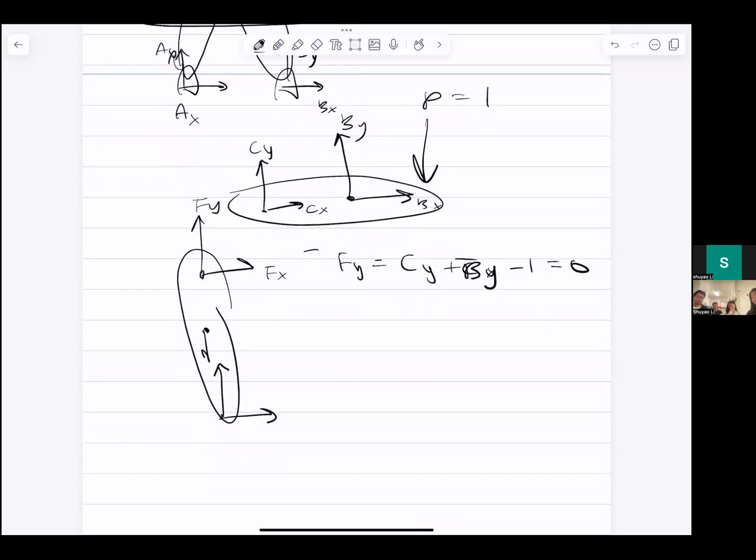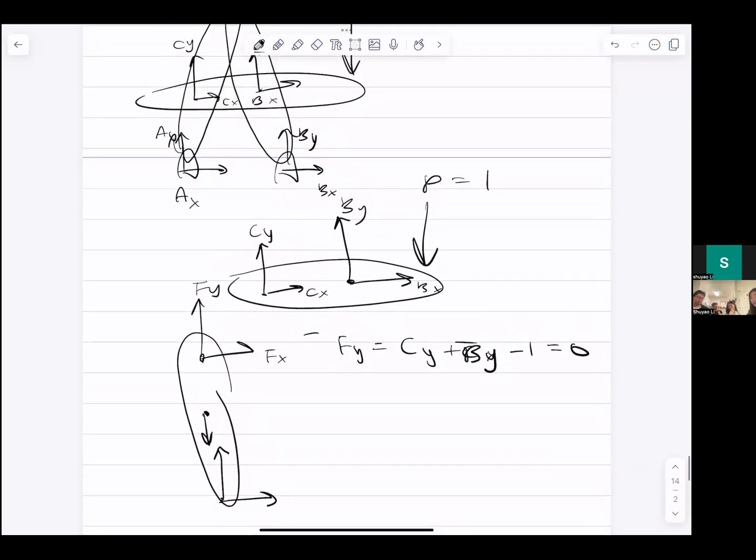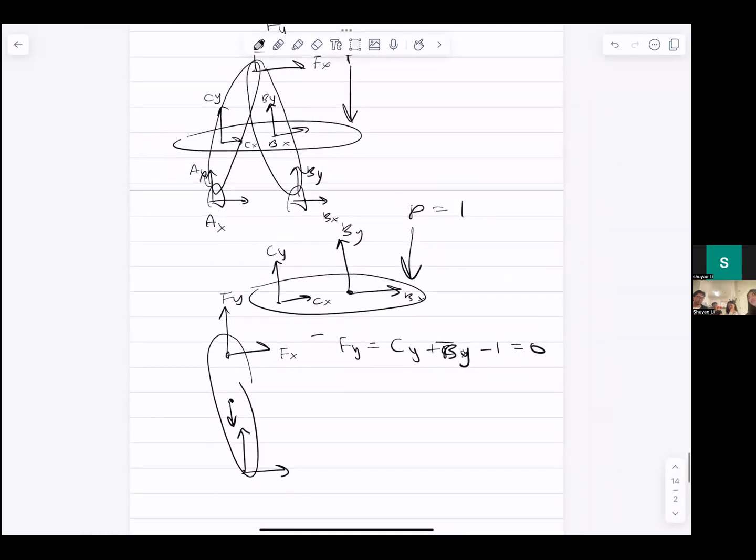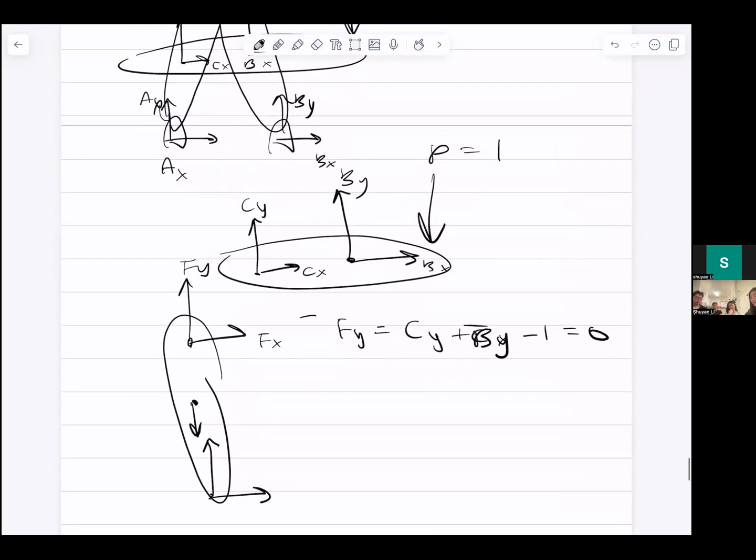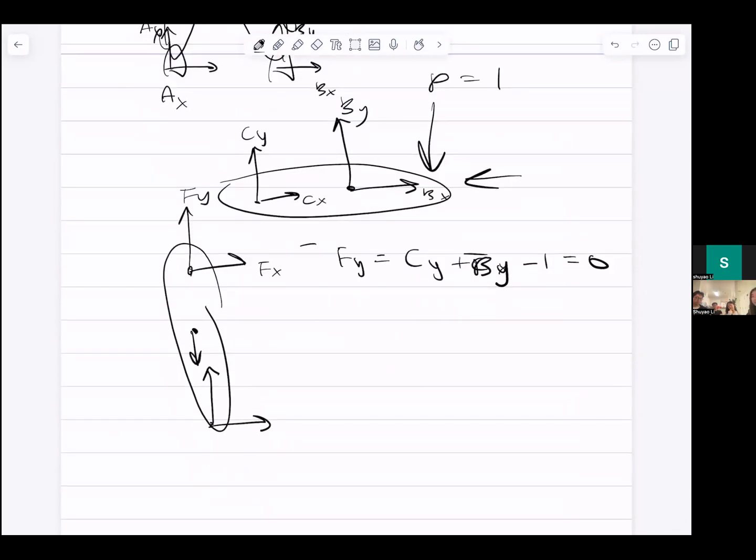It would have to be pointing down because they oppose each other. I don't really know a good way to explain. Isn't there a law? Yes, it's Newton's third law, equal and opposite reaction forces. So for this member right here, we assumed correctly and BY is pointing up. If we were to take apart another member to analyze and find another reaction force, we have to set it in the opposite direction. So again, if we got BX to be positive, now for this member it's negative. So it'd be like this.